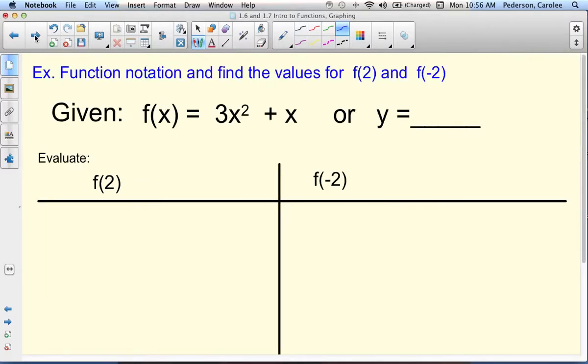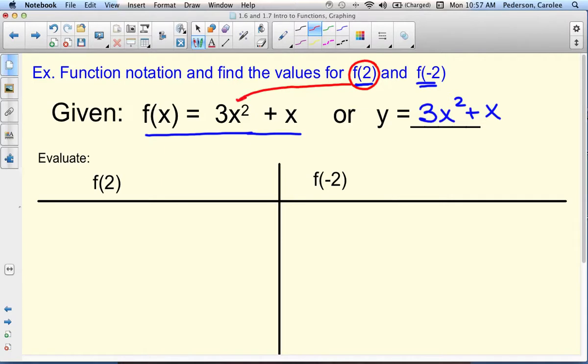Our last example here in this slide is we want to evaluate for f of 2 and f of negative 2. So what we have is a function. If it were not a function, we would just replace that y with the right side, 3x squared plus x. So let's start with the first one, f of 2. Remember, we're going to substitute 2 into here and 2 into there.